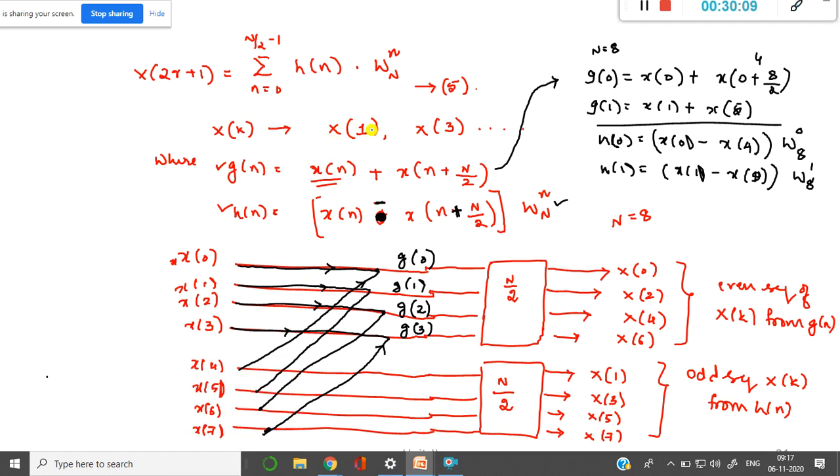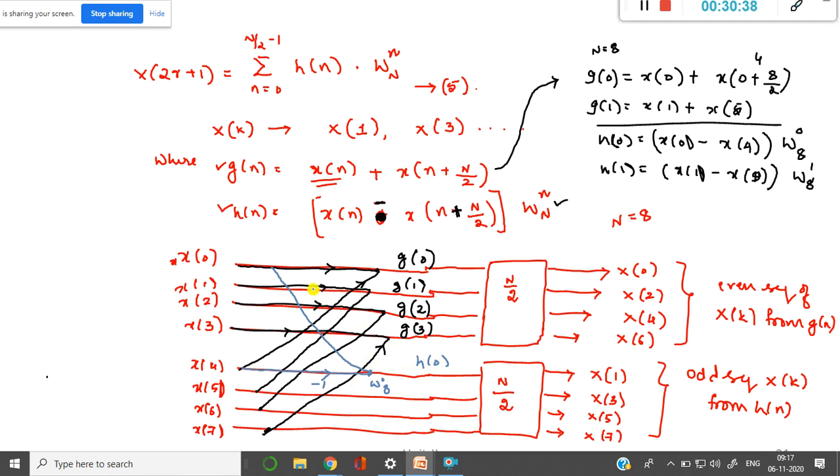So h of 0 is obtained from x of 0, right? And this is to be negated, minus 1. So that value is to be subtracted, and it is going to be multiplied finally with W8 to the power of 0, so that you are going to get h of 0.